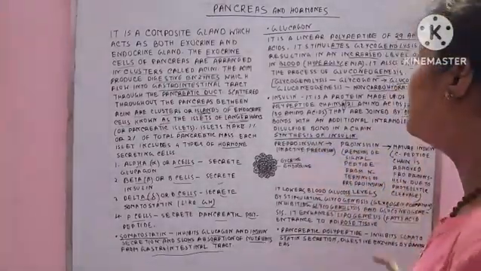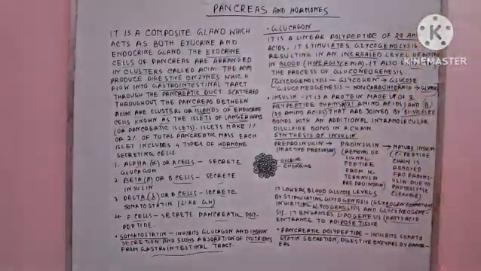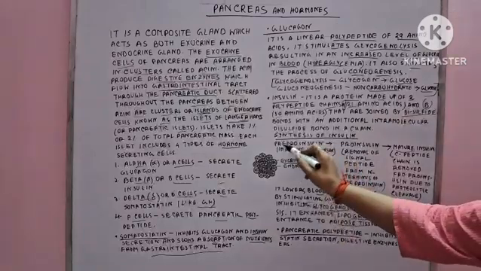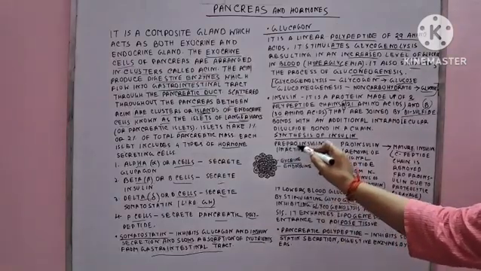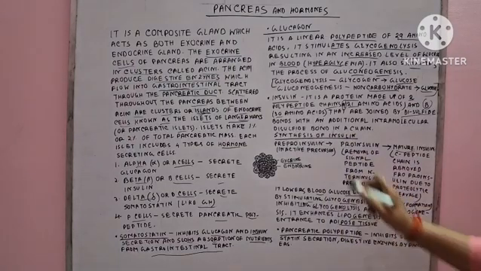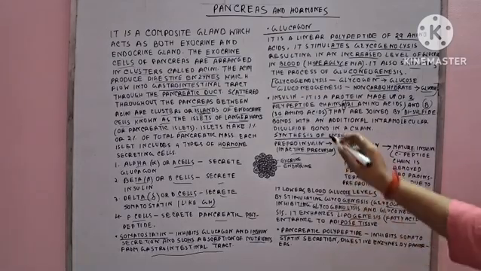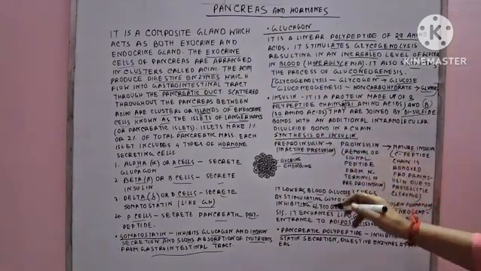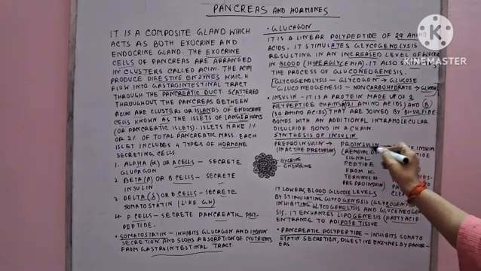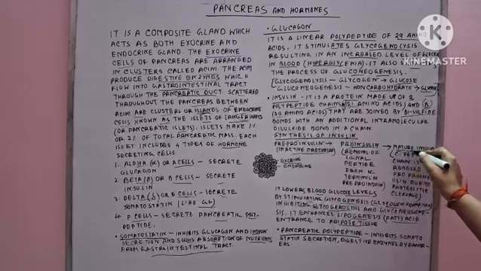So first, insulin is not produced in the form of mature insulin, it is formed in the form of pre-pro-insulin. This is the inactive precursor of the insulin, and this pre-pro-insulin converts into pro-insulin, and this pro-insulin again converts into the mature insulin.